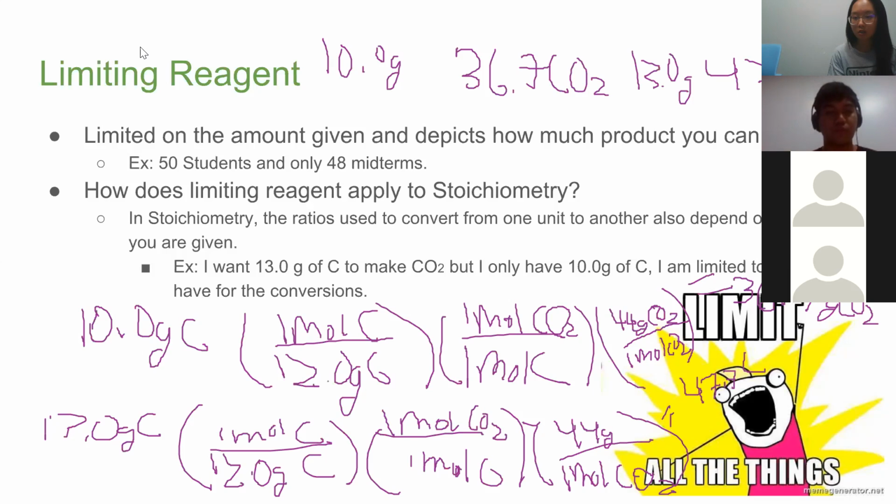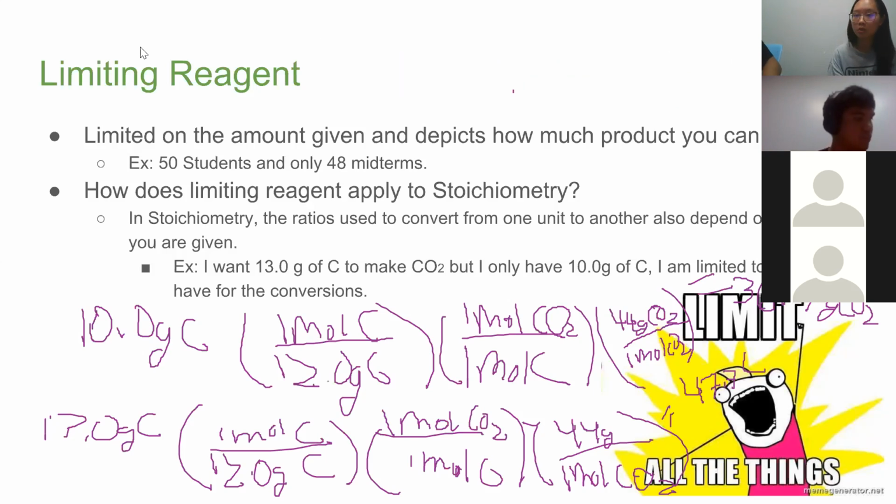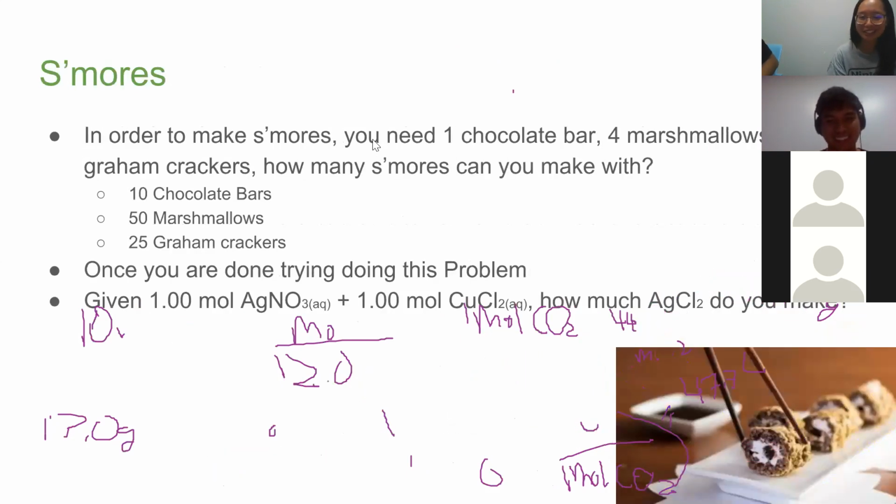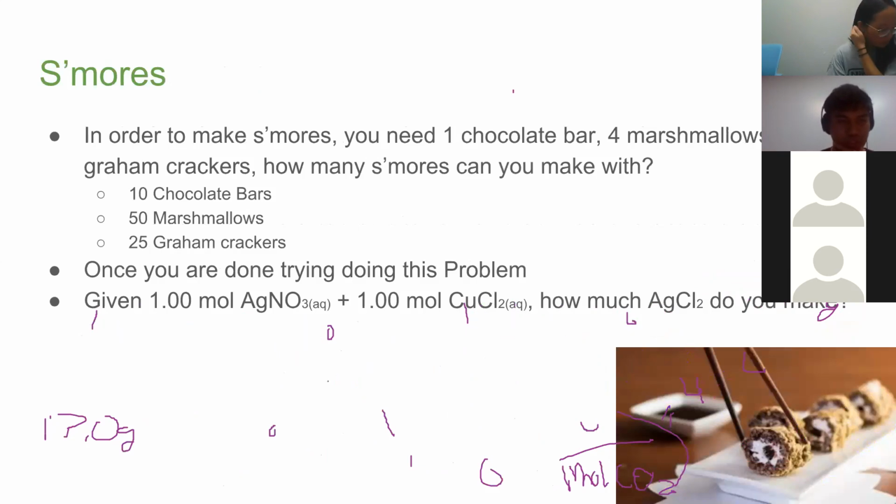But overall, I have another example that might be a little bit more clear for all of you. So who here likes eating s'mores? Because I like eating s'mores. Here's a small example that I want you to do on your own.